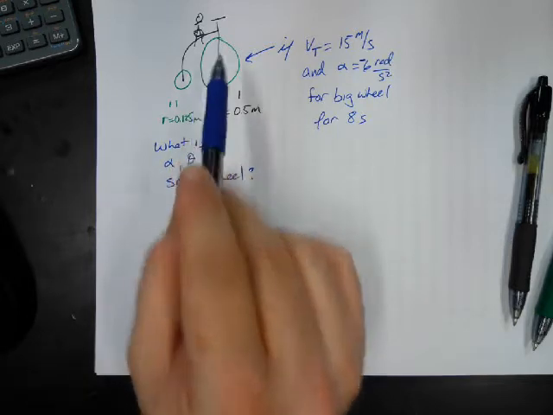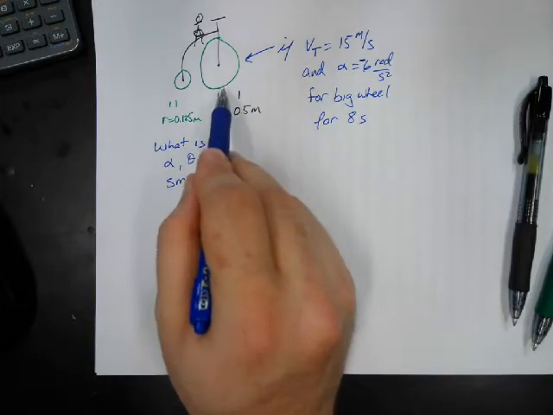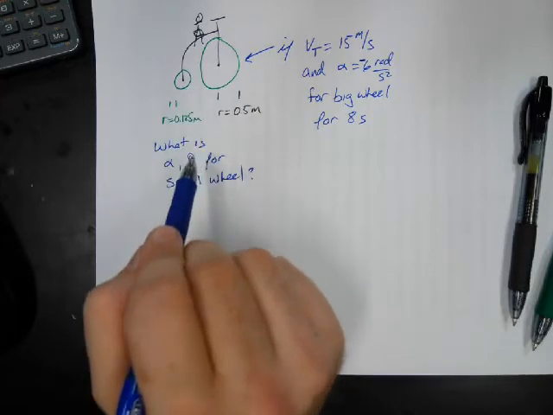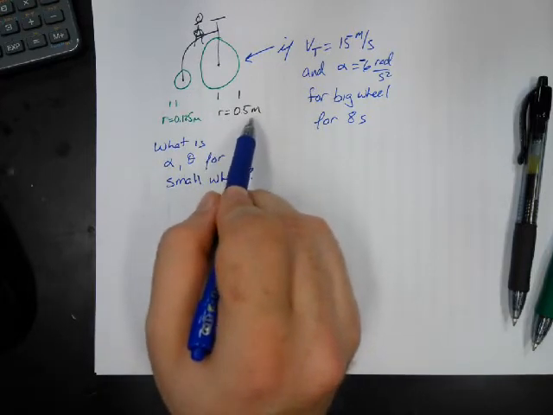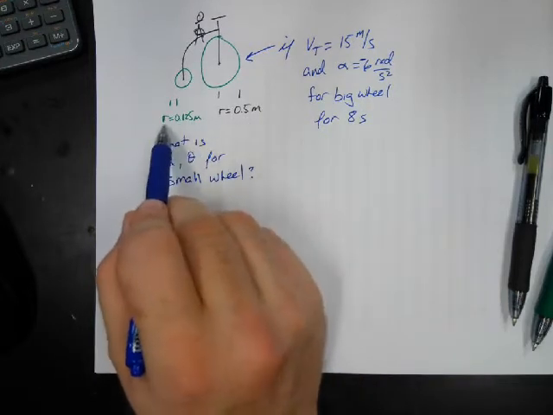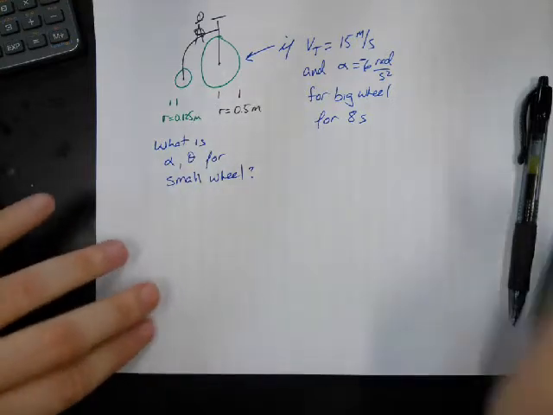But the idea is we're going to set this up where the big wheel is 4 times the radius of the small wheel. And here we have R is half a meter, which seems reasonable in my mind, and the small wheel has R is 12.5 centimeters.